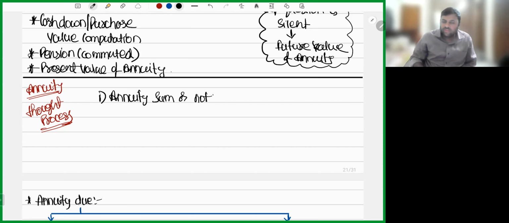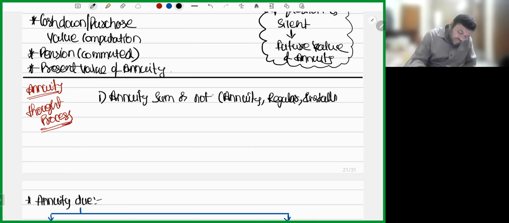How will you identify this? In the question, the word annuity will be given, or the words regular payment or receipts, or the word installments will be given. If these 3 words are given, I'll say that is an annuity sum.